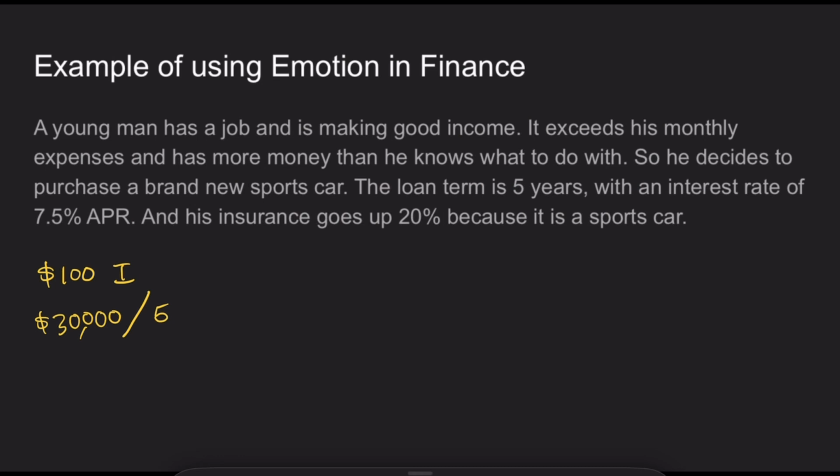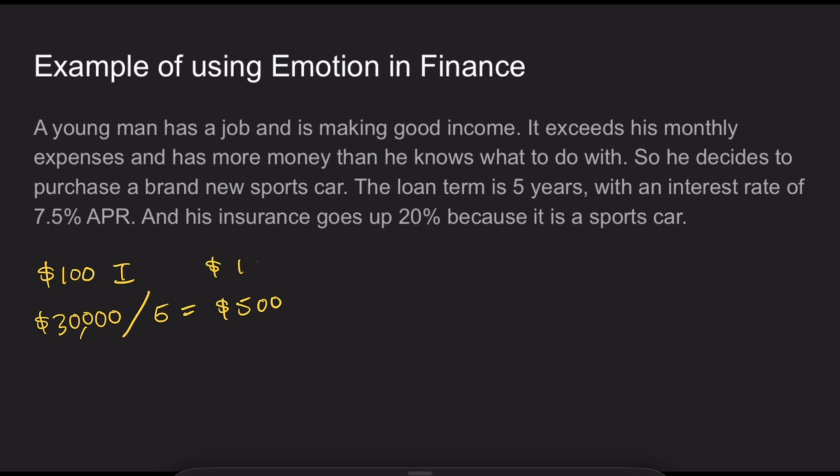Divide that by 5 years. 30,000 divided by 5 years is $6,000 a year, divided by 12. So that's about $500 a month, and that's without taxes and everything. So we're just going to go right to it: $500 a month that he's paying for this car.